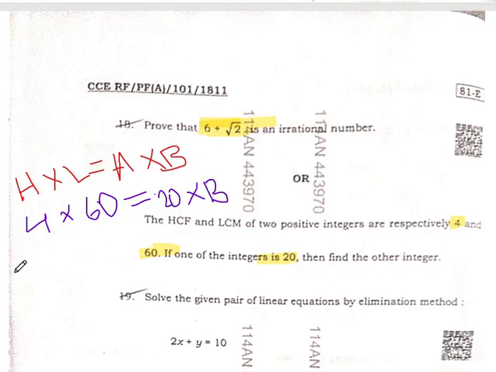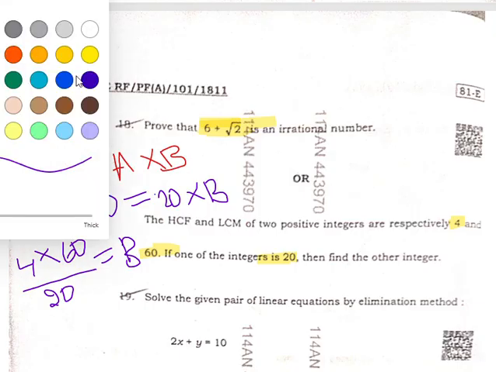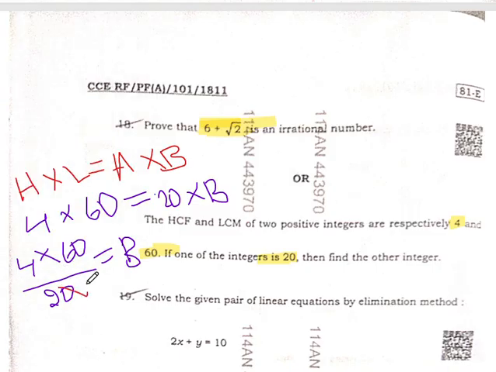Then cross multiply 20: 4 into 60 divided by 20 equals B. Now simplify: the 0 and 0 get cancelled, then 2 ones are 2, 2 threes are 6.